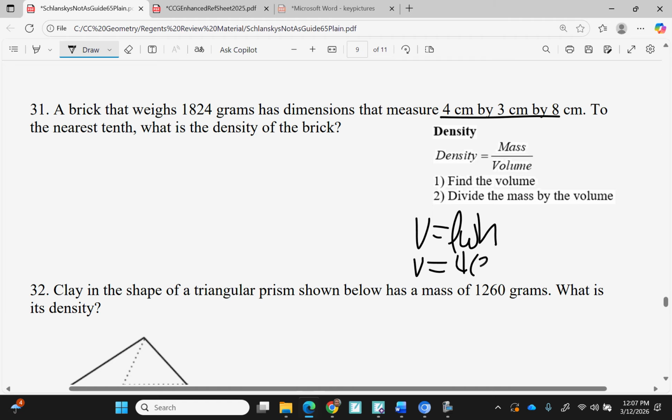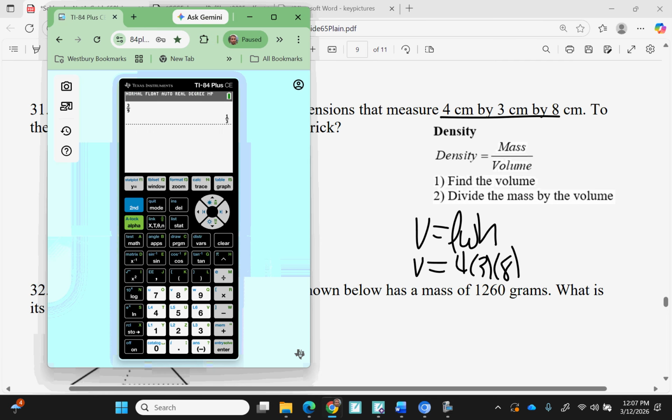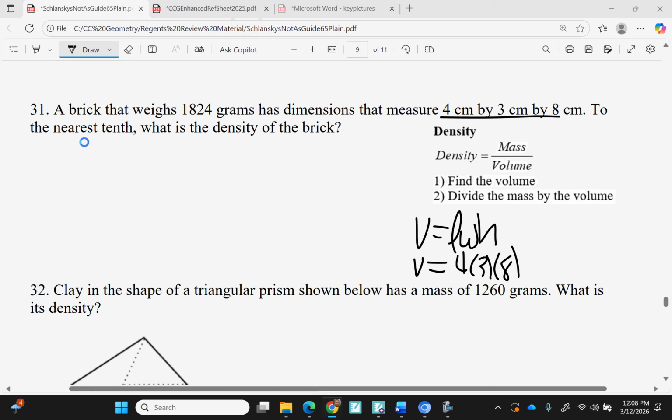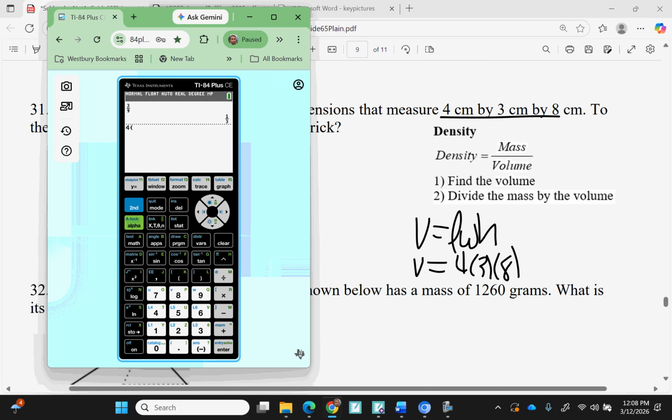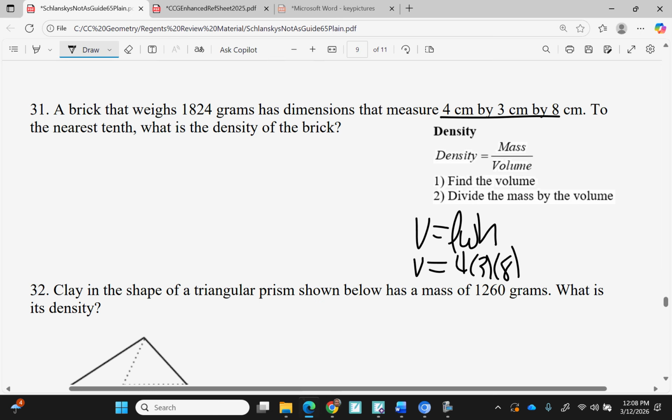4 times 3 times 8. Did this thing freeze on me? 4 times 3 times 8 is 96 cubic centimeters. So density, DMV. Density is mass over volume.